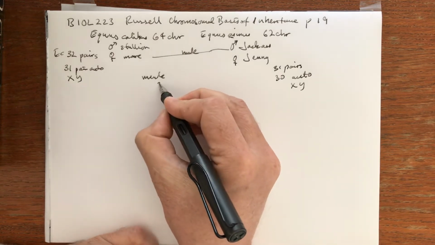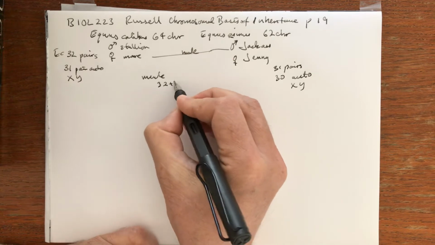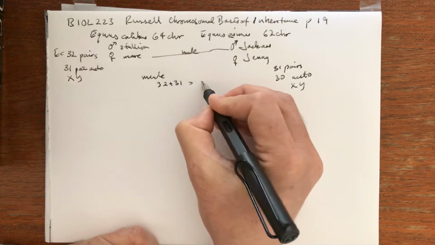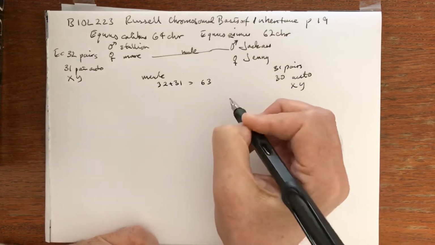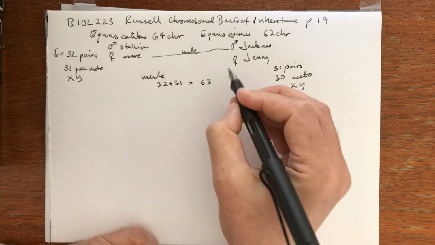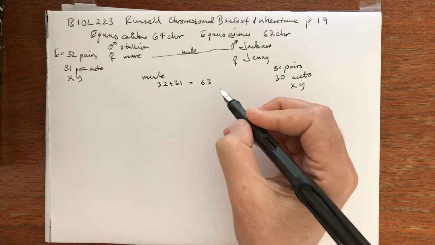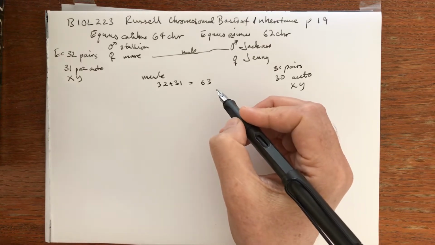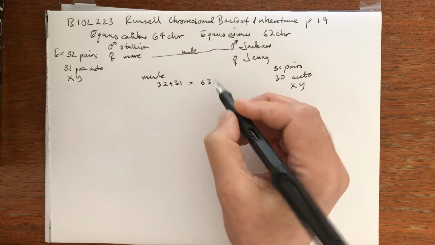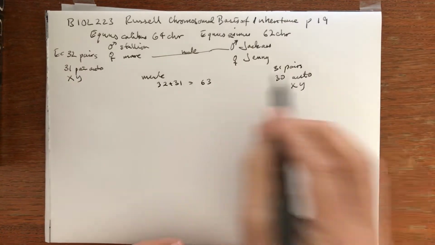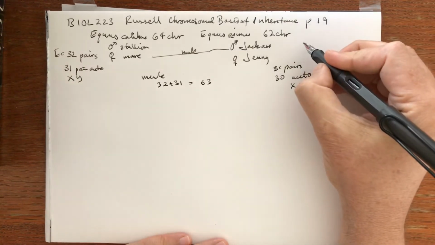So the mule is going to have 32 plus 31, equal to 63. So when it undergoes meiosis, there's a problem of dividing 63, an odd number, into 2, and that means there's likely to be non-disjunction. We'll talk about that a little bit later.